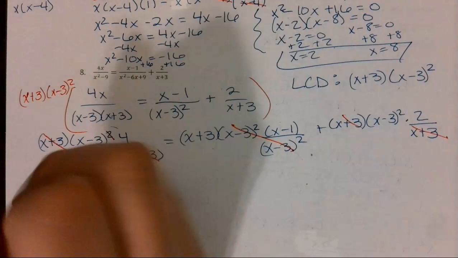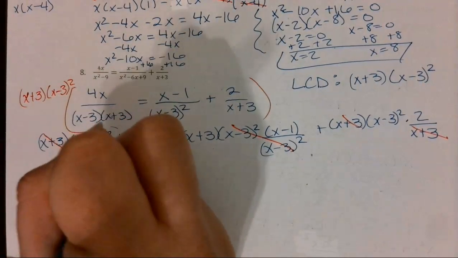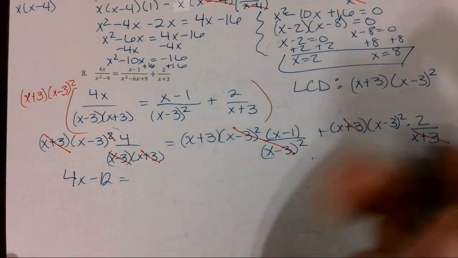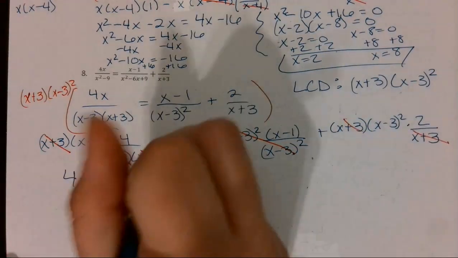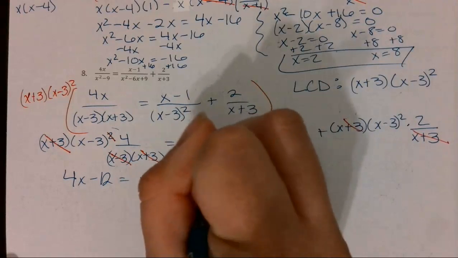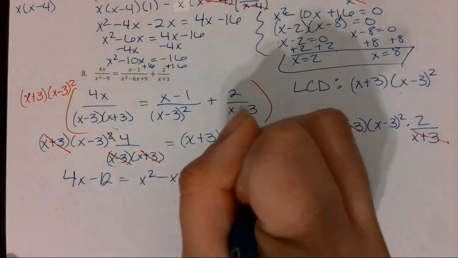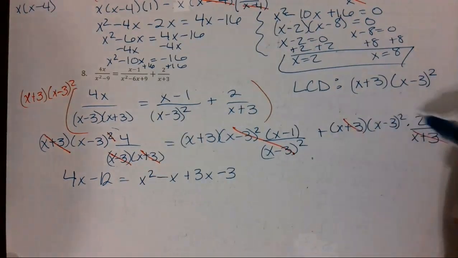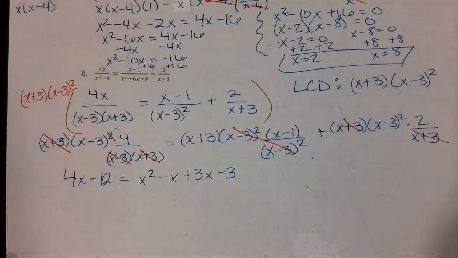So on this one, I have 4x minus 12. Over here, I have x plus 3 times x minus 1. So I have x squared minus x plus 3x minus 3. Over here, I have 2 times x minus 3 squared.